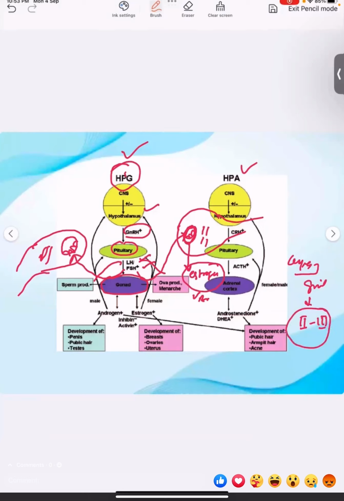So, is this central or peripheral? It means there is some problem here. Either she has an increased level of follicle stimulating hormone from the central side, or she has increased production of estrogen by these follicular cells. And what may be the other source of this estrogen?